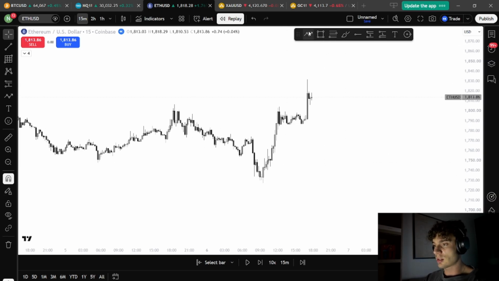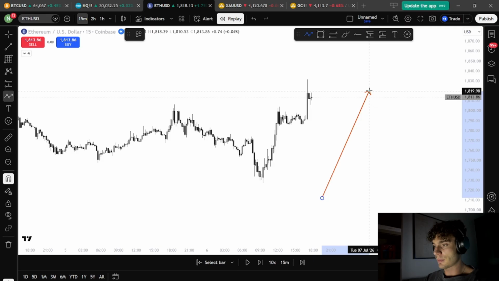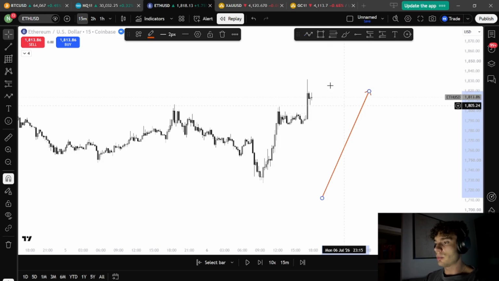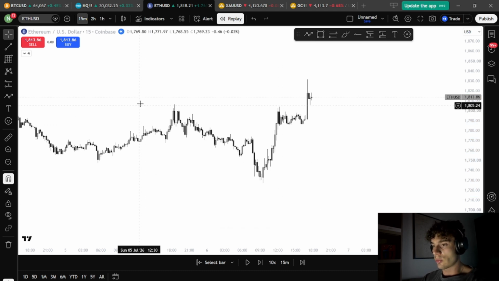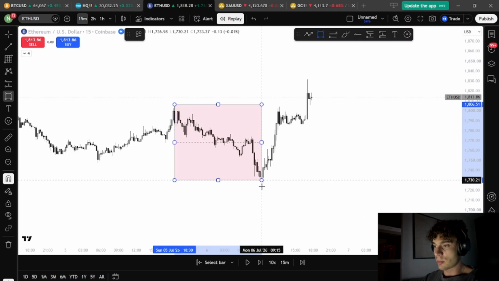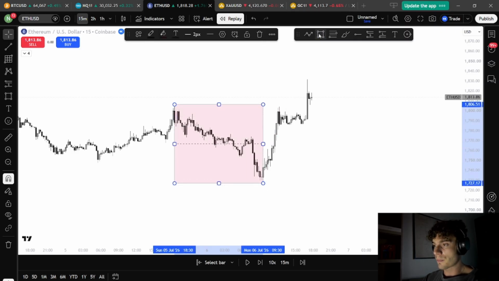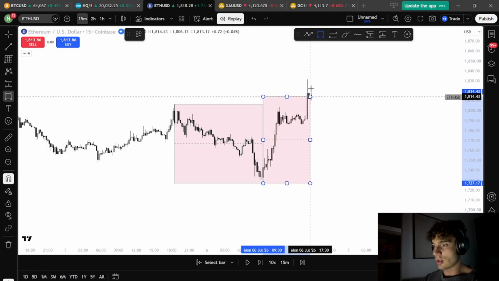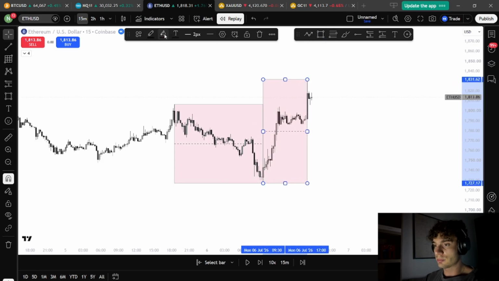So the price went like this. There was a little bit of stagnation in the middle, but this was the range, or this is the range. I think with time you will just kind of understand what's the range, but this is gonna be a downtrend. This here is gonna be an uptrend.